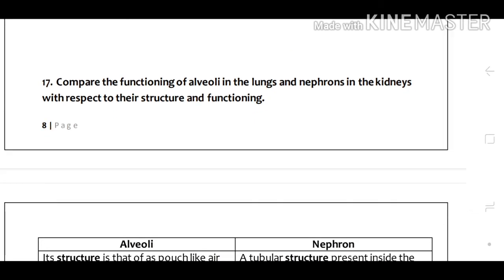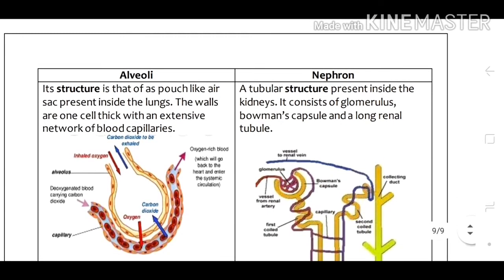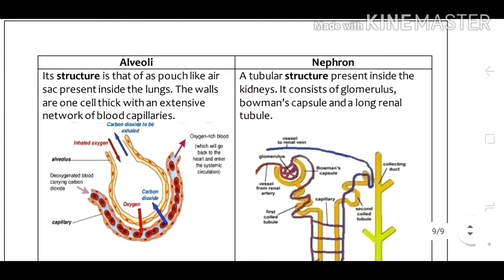Compare the functioning of alveoli in the lungs and nephrons in the kidneys with respect to their structure and functioning. Alveoli: its structure is that of a pouch-like air sac present inside the lungs.